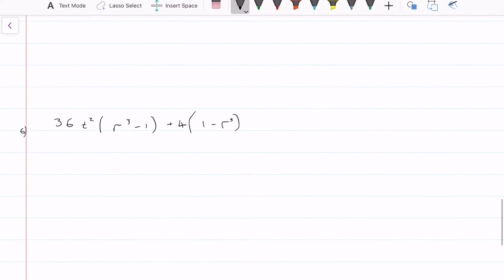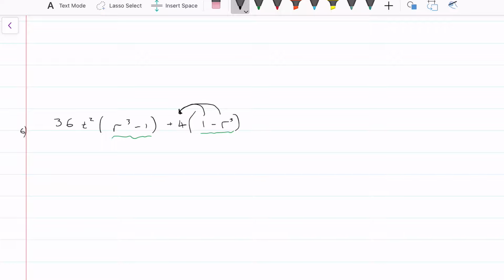Okay, looking at this question. In this question we have r cubed minus 1. Here we have 1 minus r cubed. So we want to try to get these things to look similar. So one way of doing that is by introducing a minus sign here, right? So essentially we're pulling out a minus sign from here, from both of these, which gives us the right answer.